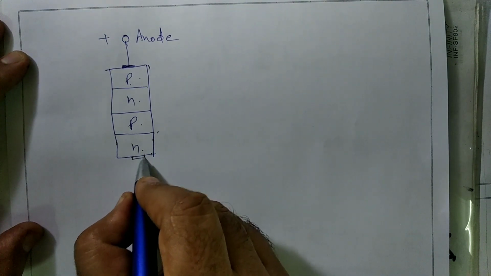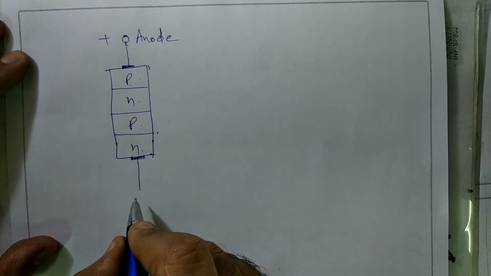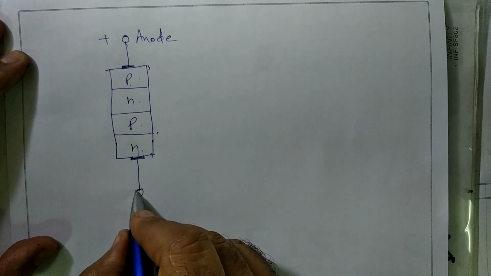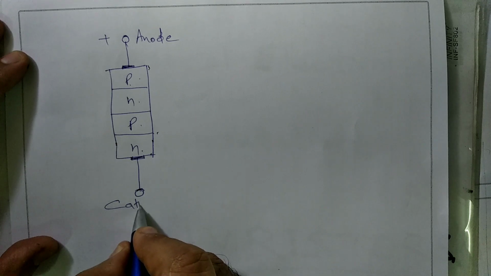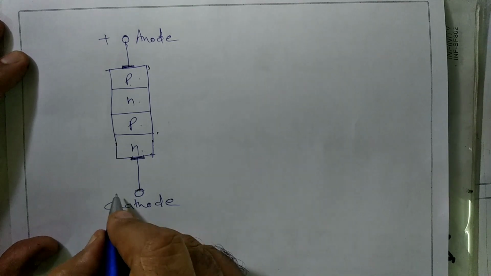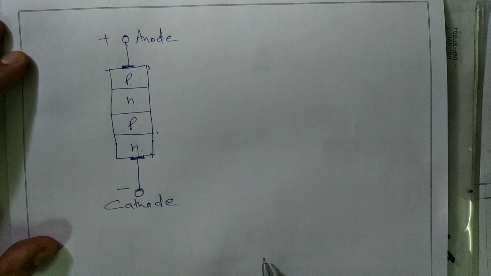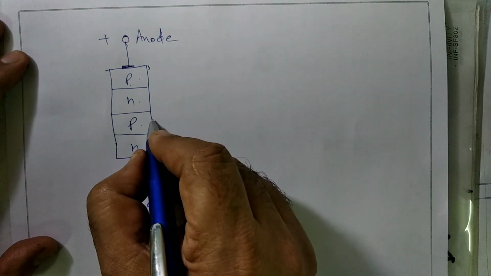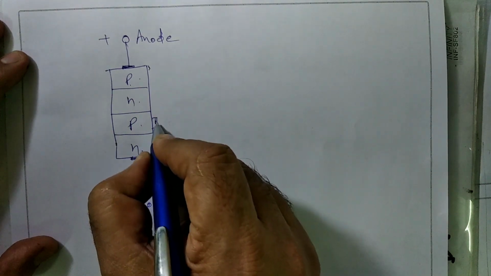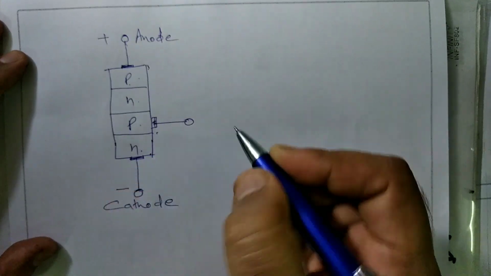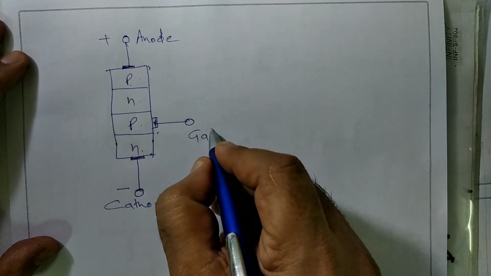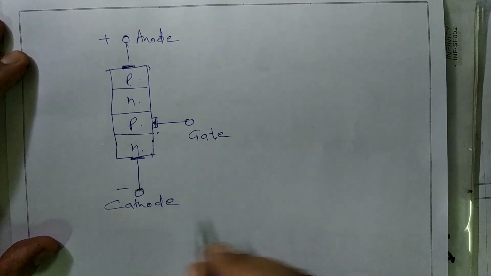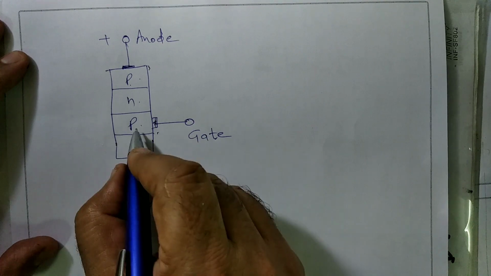The lower layer is connected to another electrode or terminal which is called cathode, and it is a negative terminal. Now the inner P layer is again connected to another electrode. This is called the gate electrode.